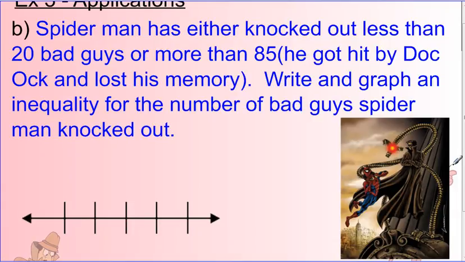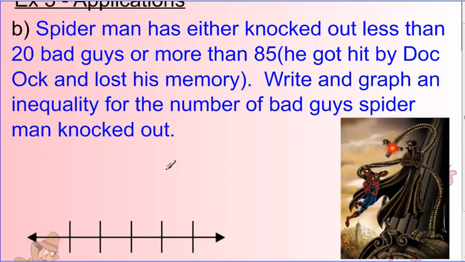Okay, so let's see what you did. I'm trying to think of my variable. S for Spider-Man, B for bad guys. Yeah, we'll use B for bad guys. So bad guys is either less than 20 or the bad guys are more than 85.